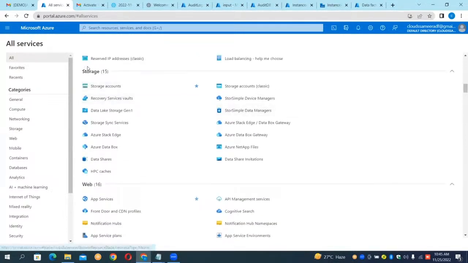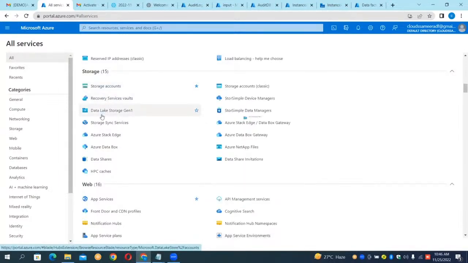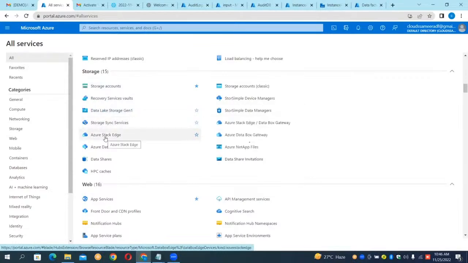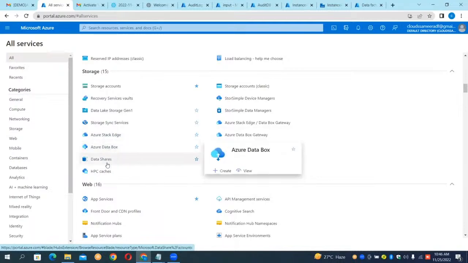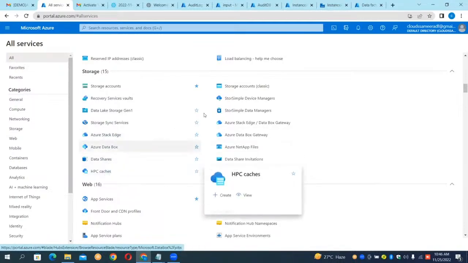Storage accounts, recovery service vaults, Data Lake Gen 1, storage sync service, Azure Stack Edge, Azure Data Box, then data shares, HPC caches. All these are the storages you can use. That means you have 90 plus storages which you can use.